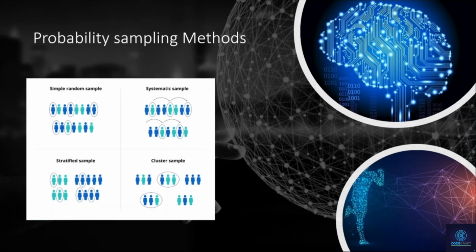Basically, the stratified sample is really selecting the right amount of people in each group. If you have a bigger group of people with a blue t-shirt, necessarily you will select a higher proportion of people in that group. So this is for the stratified sample.